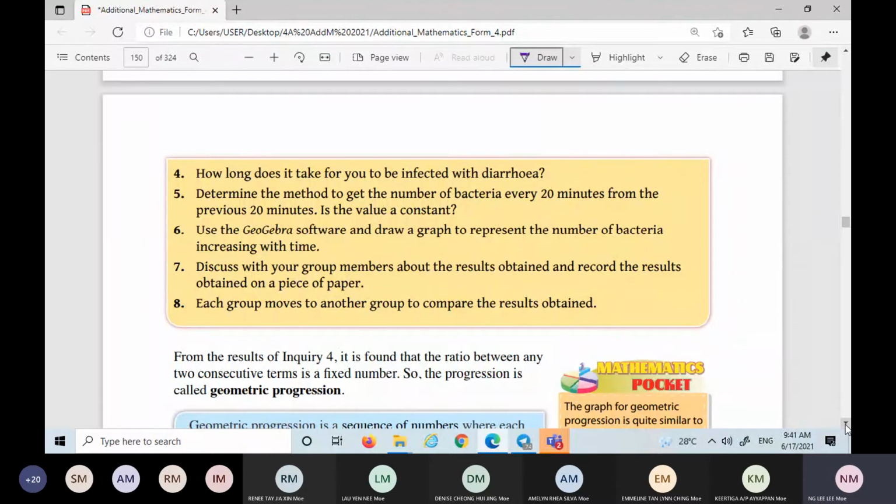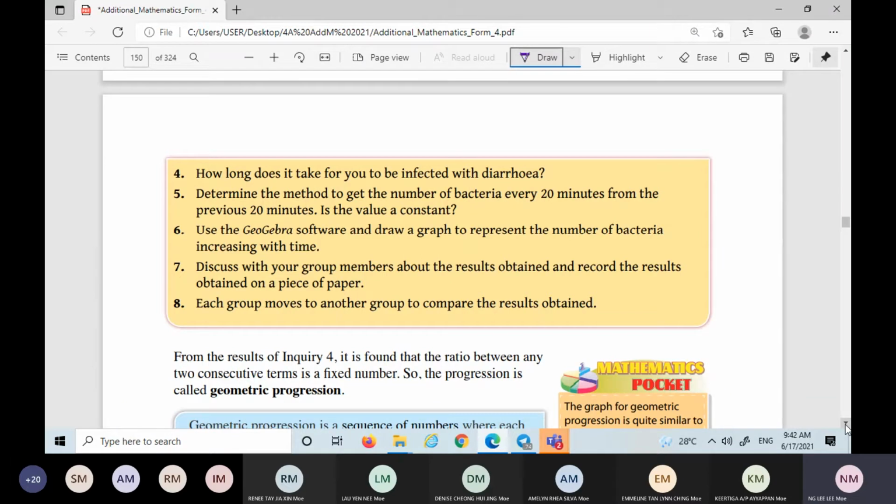The common difference is T2 minus T1, and it's also T3 minus T2. Then after this we will see what the common ratio is.